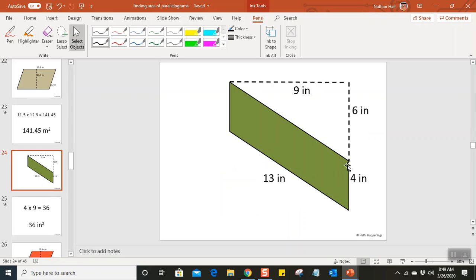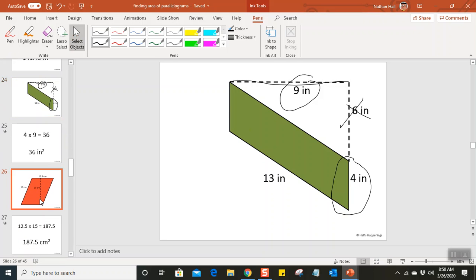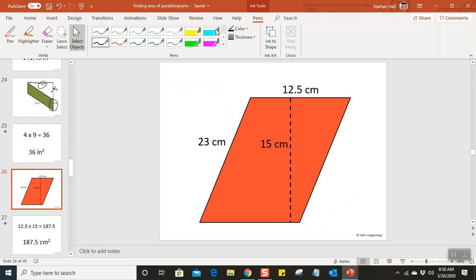Okay, so this one, this time we do not need this 6, but we do need, this is the base, and the height is way over here. So you need to pay attention to the two lines that are perpendicular to each other. Sometimes it might be labeled on the top side of the parallelogram. Again, not the slanted side. Okay, so that is area of parallelograms.